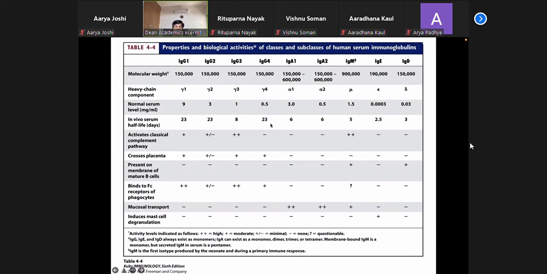IgG is the one which persists in your body longer than any other isotype. But even that, within 3 weeks, will go down almost 50%, and if you wait another month, it is almost a quarter. So antibodies have to go down. You cannot keep flooding your blood with these antibodies.